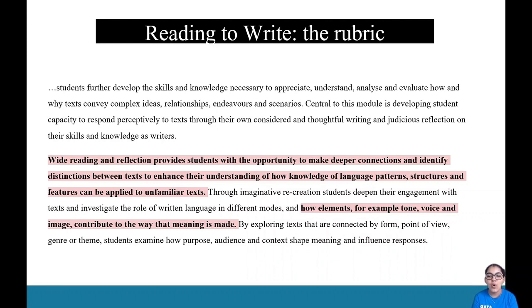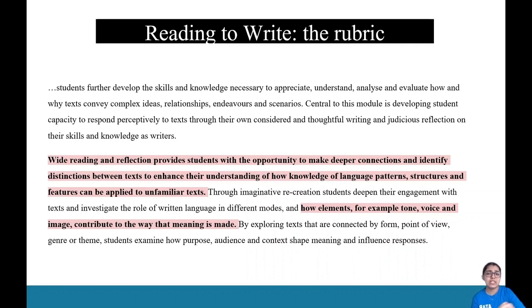So this is all about you being able to read a variety of texts and be able to actually analyze them and deconstruct them and apply your knowledge of language patterns, of writing, of structure, to unfamiliar texts. And this bit here will come into play again in paper 1 of the HSC when you're looking at unseen text.